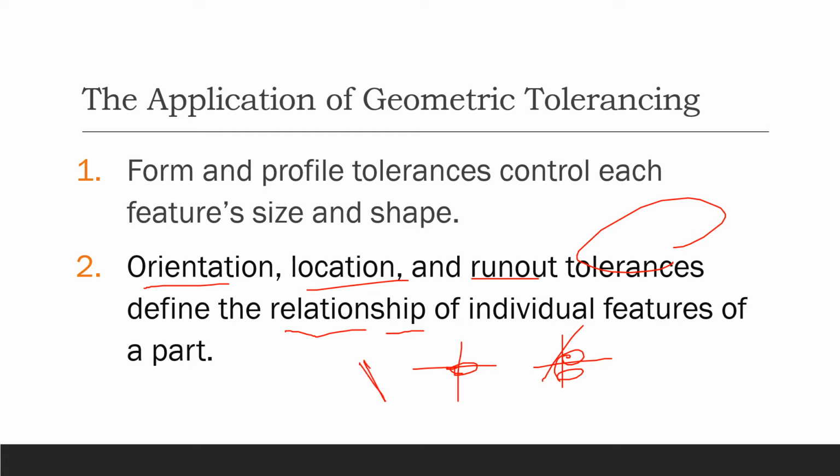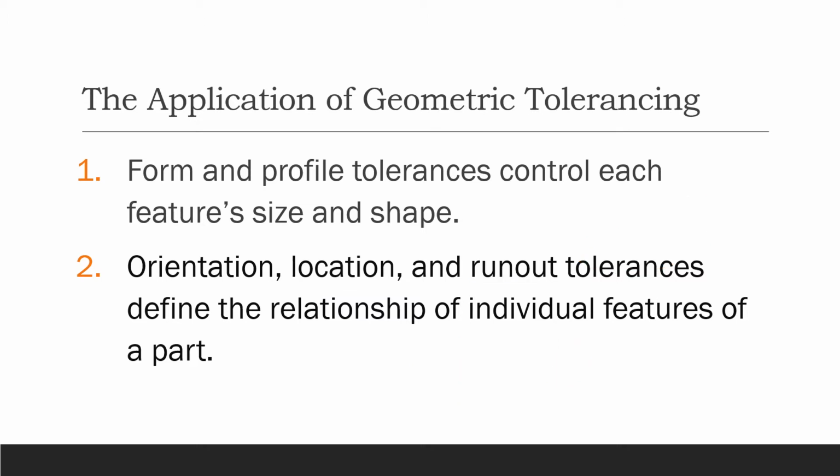For form and profile, size and shape is an entirely different thing. They can stand alone by themselves, right? The size is the size. We're not talking about where that part is. Here, for orientation and location, we're talking about where that part is. So that kind of tolerance is dealing with the relationship of individual features of that part, because you have to locate the component in that part and vice versa.